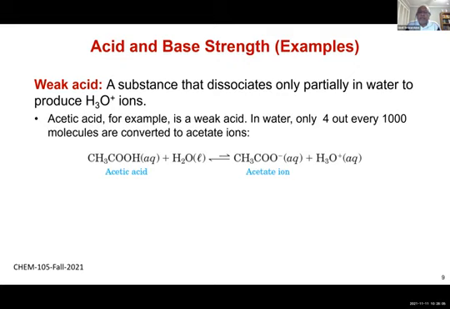Therefore, everything is dissociated into hydronium ion. But when you have a weak acid, when it reacts with water, the forward reaction goes towards the acetate ion and hydronium ion, then slows down, and then the backward reaction kicks in. This is an equilibrium reaction we talked about in chapter 7.